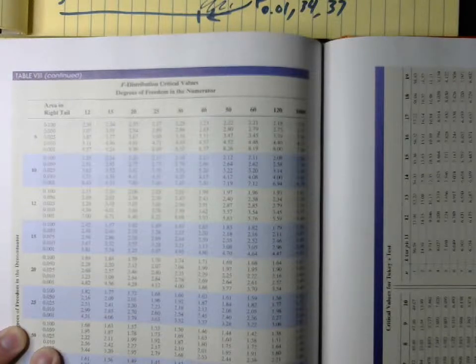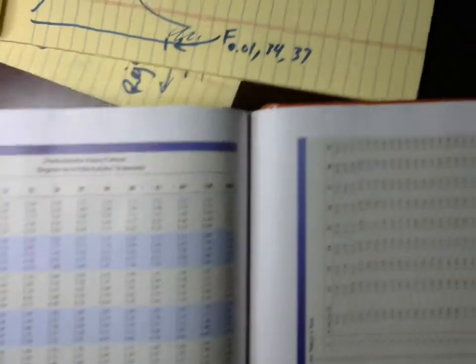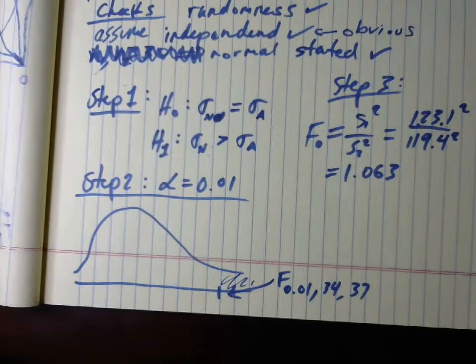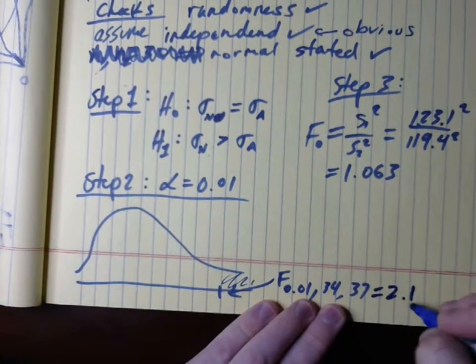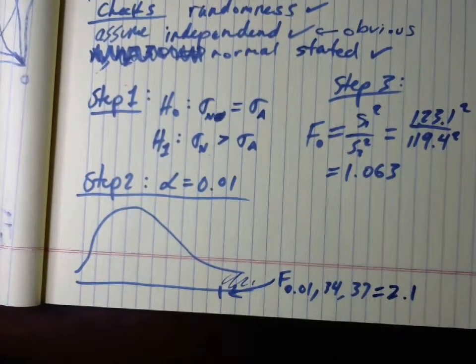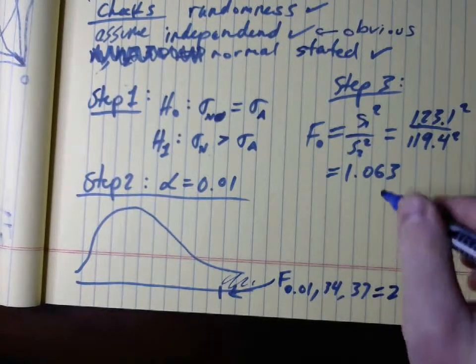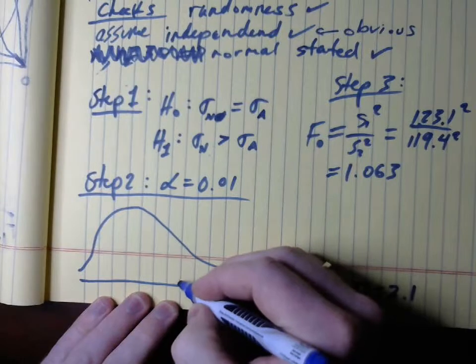That would actually be 2.1. Okay, so there's our critical value, 2.1. Let's come back here. It's a little confusing, but it's not really that bad. We got a value of 2.1 for our critical value, and as we can see, this is closer to the middle.